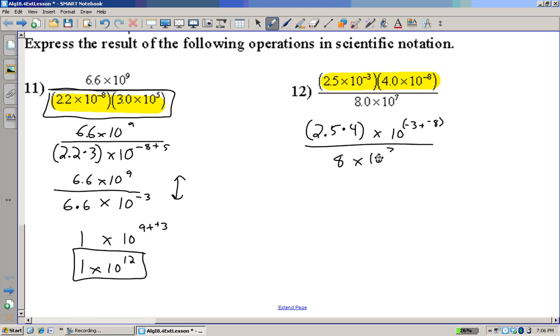Again, I'm going to ignore this for a minute. 2 and 5/10 times 4. Well, that's 2.5 times 2 would be 5, so times 4 would be 10. The quirky way I like to do it. Times 10 to the, see, negative 3 plus negative 8 is negative 11.